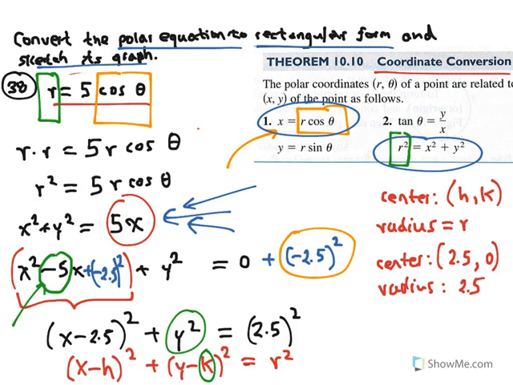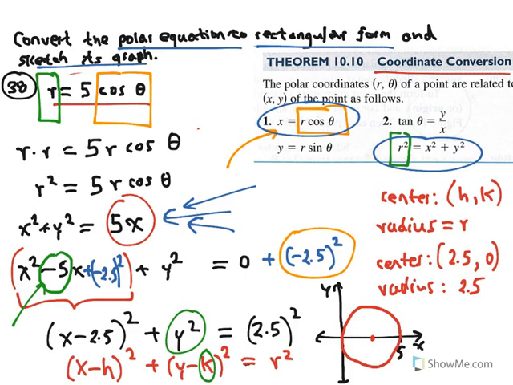So that's easy to graph. We're just going to draw our x and y axes. The center of our circle is at (2.5, 0), so if this is 5, then it would be right over here. And the radius of our circle is 2.5. So here is our circle.